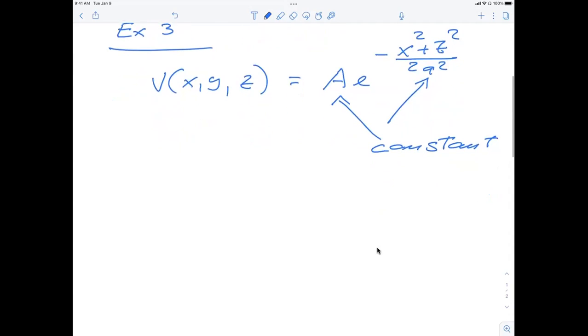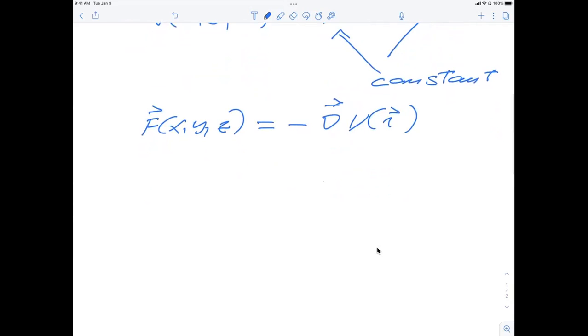Okay, so the first step is to calculate the force. You need the force F(x,y,z), and that's given by the gradient of this potential. The x component of the force is given by minus dV/dx.